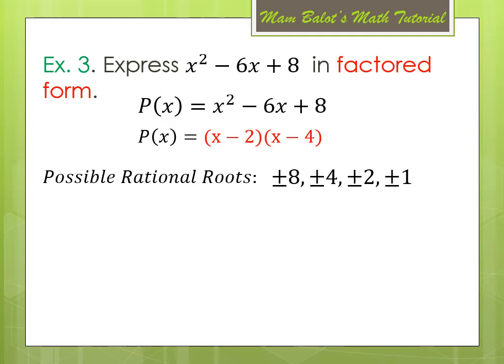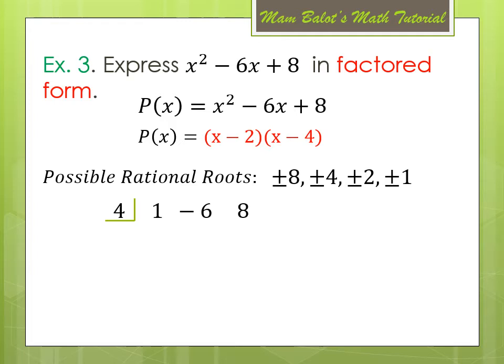If we use synthetic division, we will just write there the coefficients of the function, which are 1, negative 6, and 8. On the leftmost part, we will use the possible rational roots such that we can come up with a remainder of 0, which means that number in the leftmost part is a root of that function.